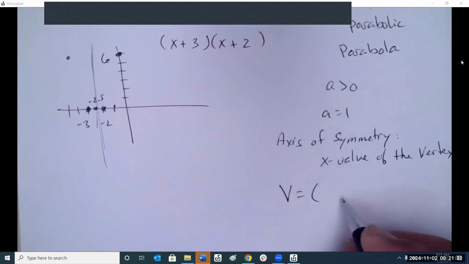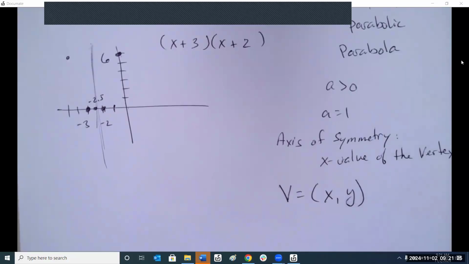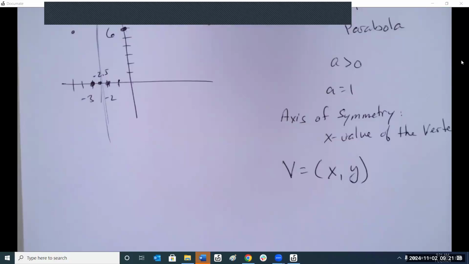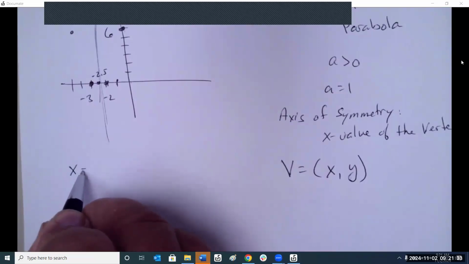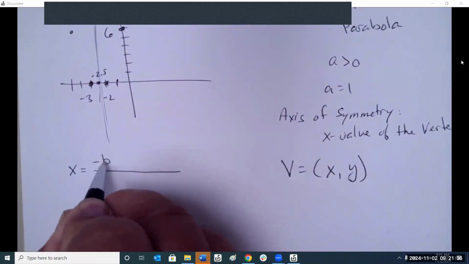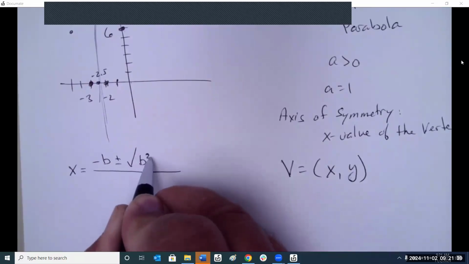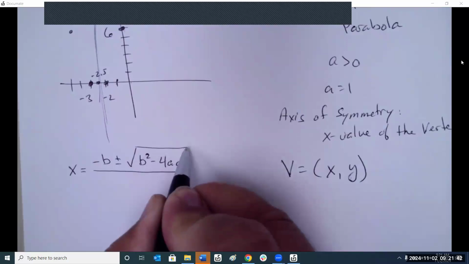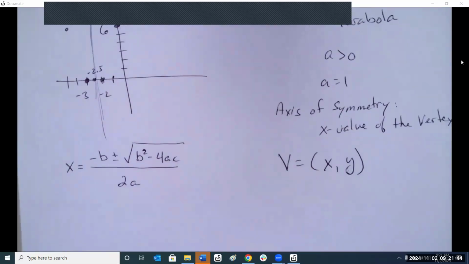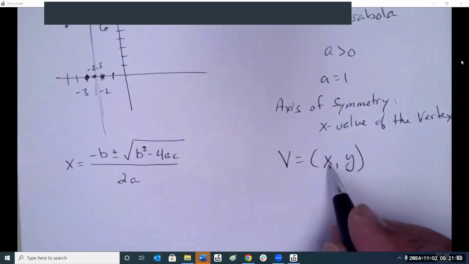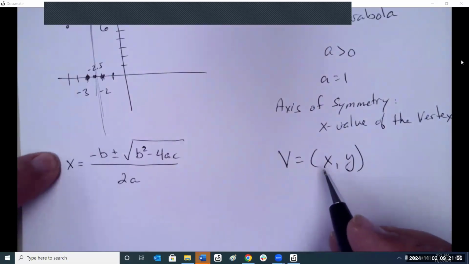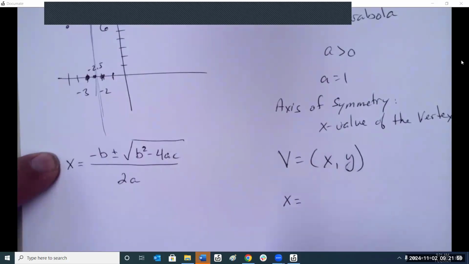So remember, it's the x value of the vertex. The vertex is a location. Remember the quadratic formula. The x value of this equation is simply the -b over 2a part.